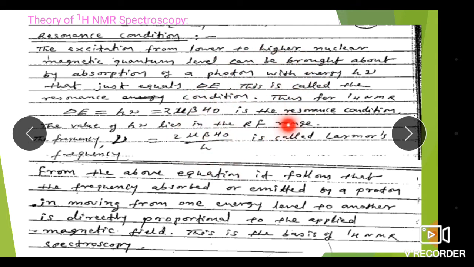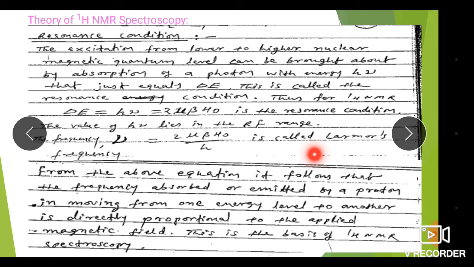When this radiation falls on the nuclei, the transition occurs, and the amount of energy required is h nu, which is equal to delta E. This is called the resonance condition. Thus for H1 NMR, delta E is equal to h nu, which is equal to 2 mu beta H0, the resonance condition. The values of h nu lie in the RF range, that is, the radio frequency region.